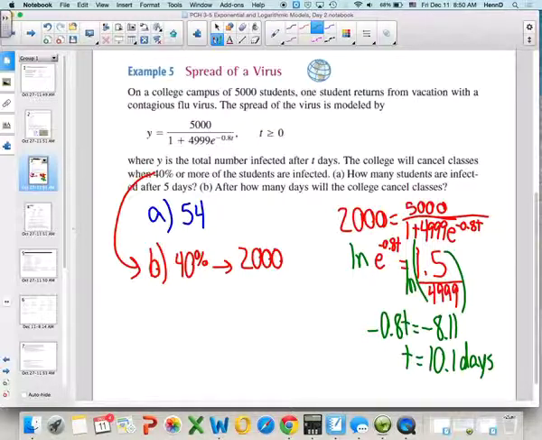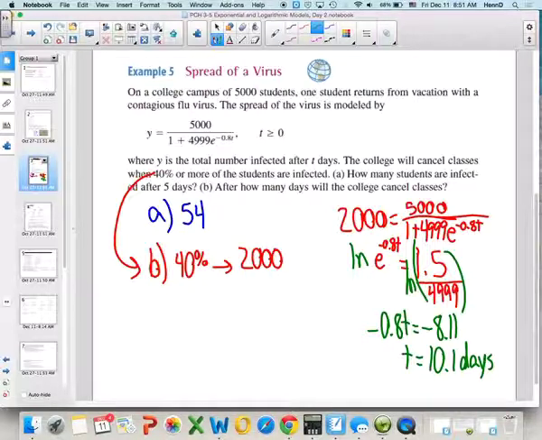And obviously, how would that differ? If people really weren't trying to be careful and keep their sickness to themselves, what's going to happen? Maybe it'd be higher. Yeah, the rate would be a lot higher. This thing would spread a lot faster. But this logistic model takes into account the fact that after a couple of days, the first people who are sick are actually getting better now, hopefully.